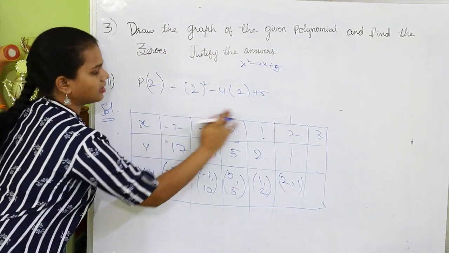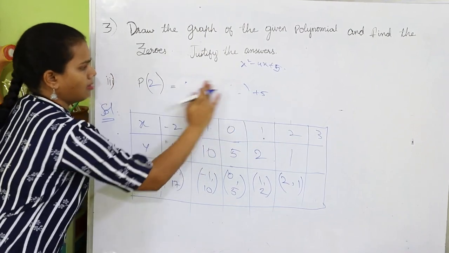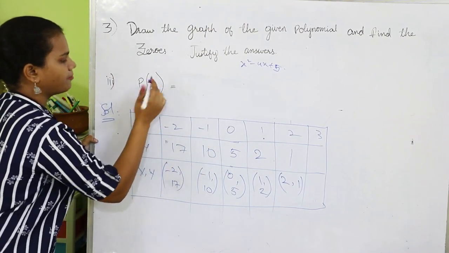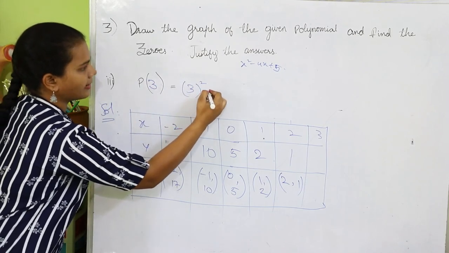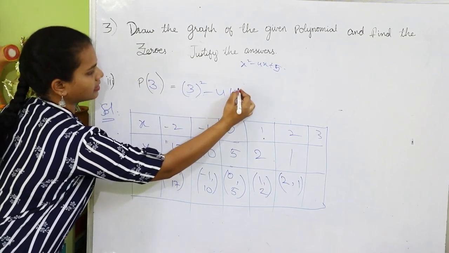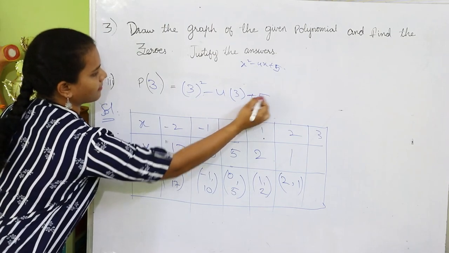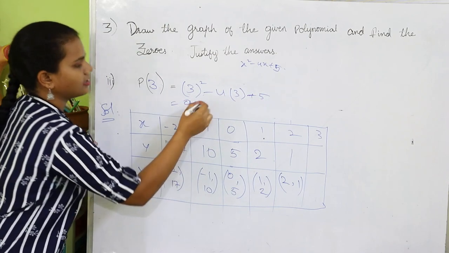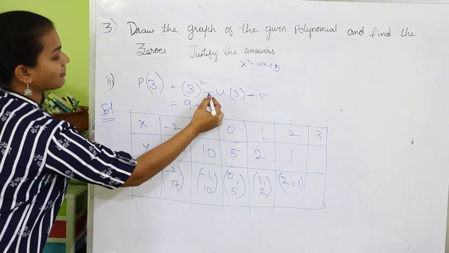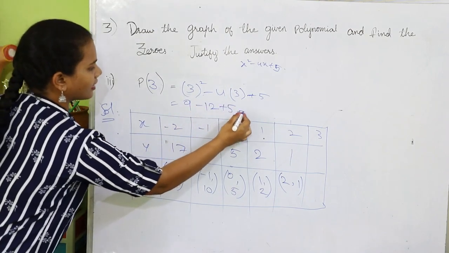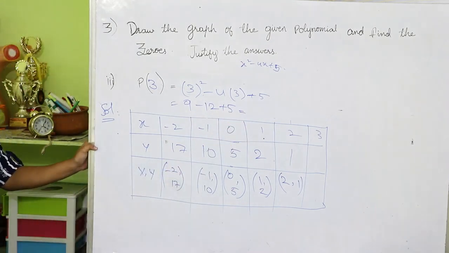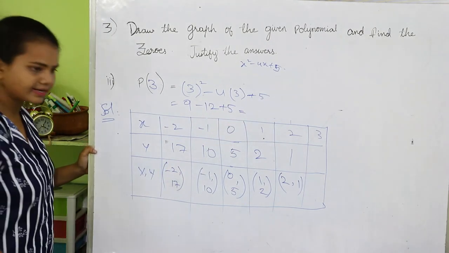Now let me go for the third one. If p of x equals 3, then this becomes 3 square minus 4 into 3 plus 5. 3 square means 9. Minus into plus is minus, so 4 times 3 is 12, and 12 minus 9 is 3.